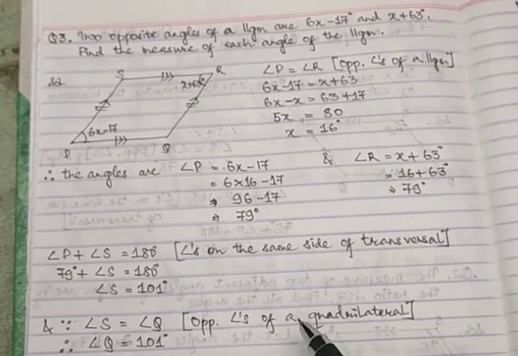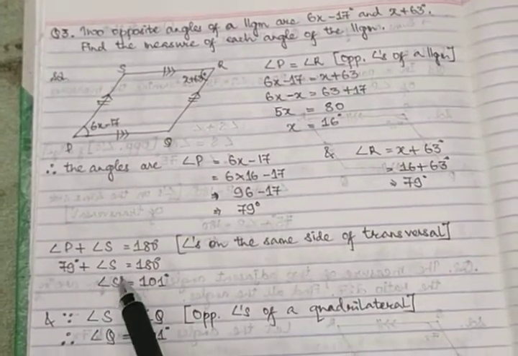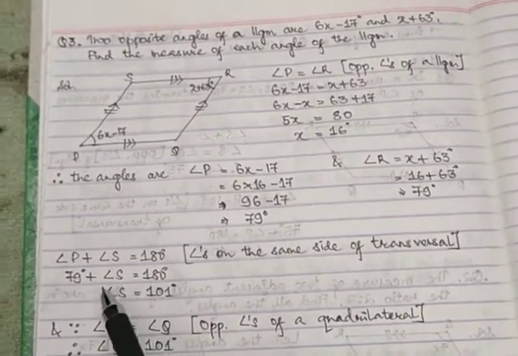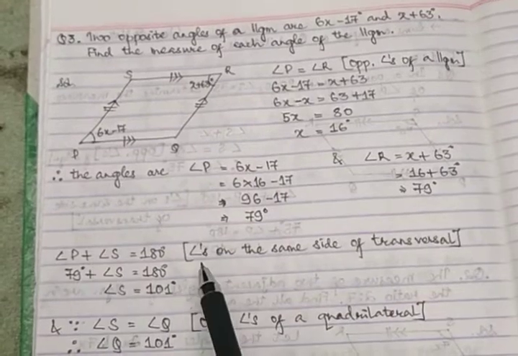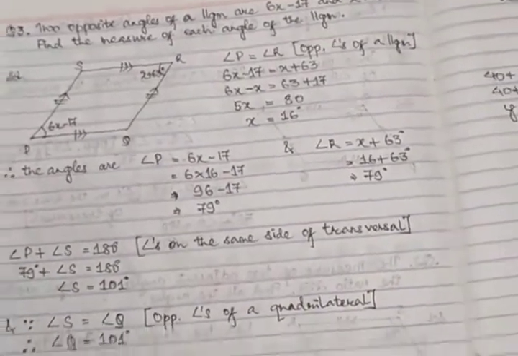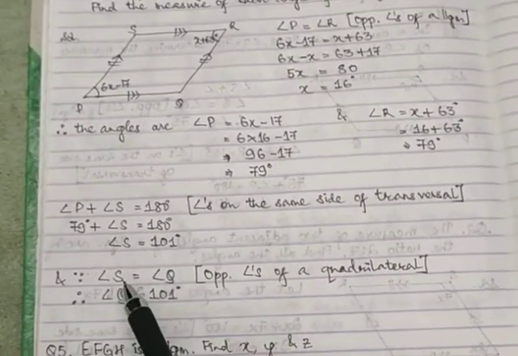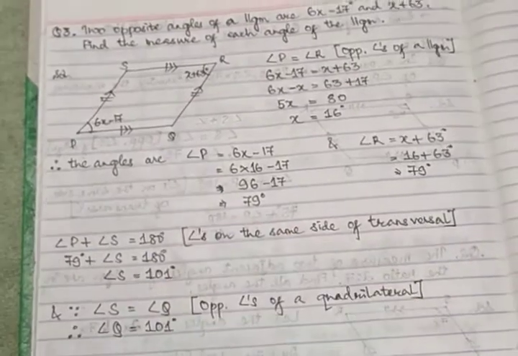The reasoning, okay. Now angle P, I got the value as 79. So 79 plus angle S equals 180 degrees. So 79 goes to the other side and subtracts from 180 degrees. You'll get your result as 101. So angle S equals 101. And what do I know? Angle S is equal to angle Q, isn't it?